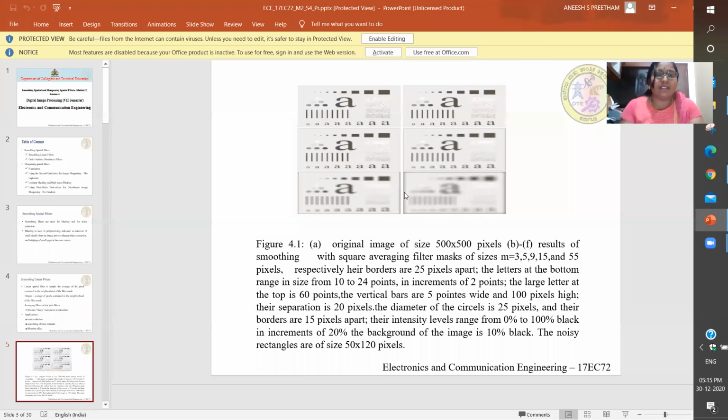So, for instance, the three small squares, two of the circles, and most of the noisy black rectangular areas have been blended into the background of the image. Note also in this figure B, the pronounced black border.